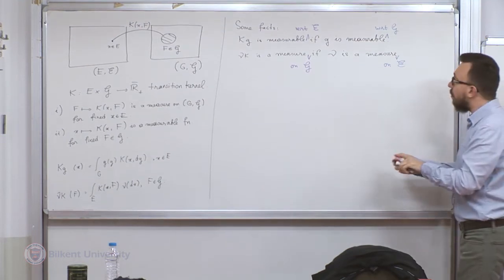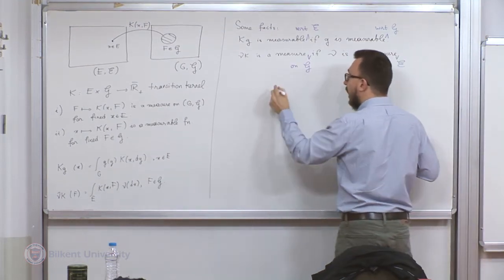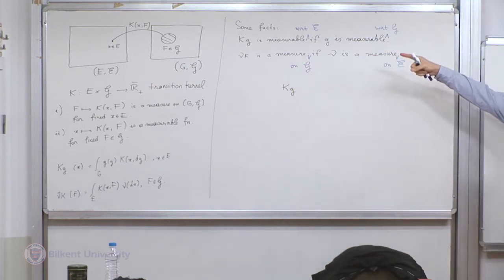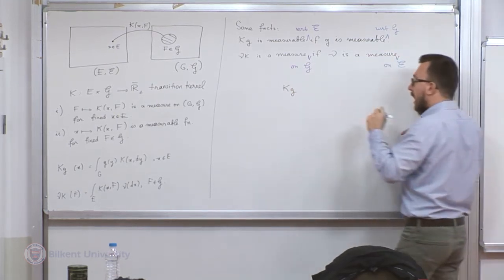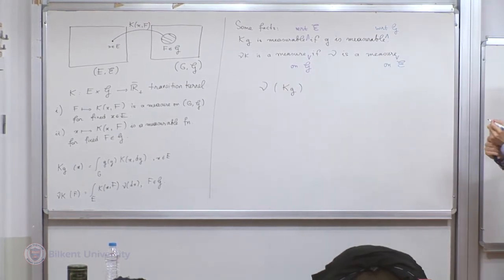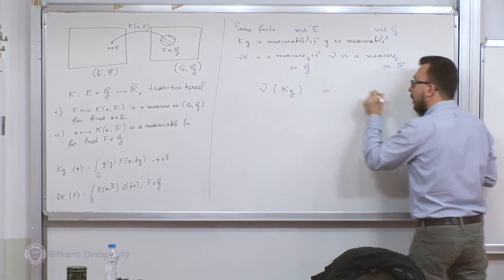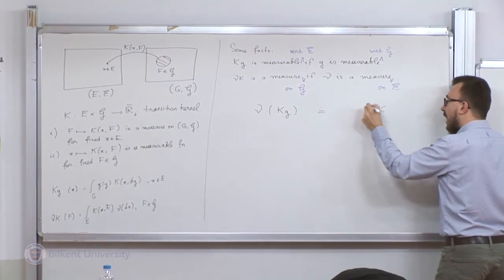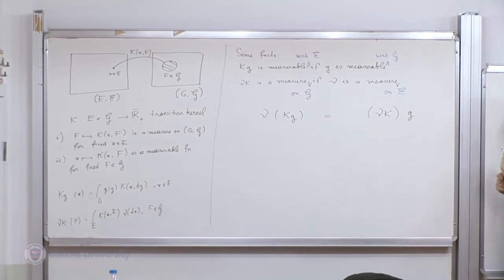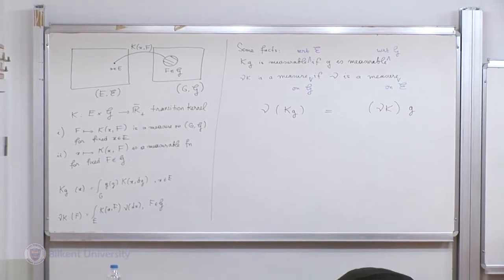And indeed, you can do both of them. So you can use kg as a measurable function on the first space and integrate this with respect to nu. Or you can use nu k as a measure and integrate g with respect to that measure.